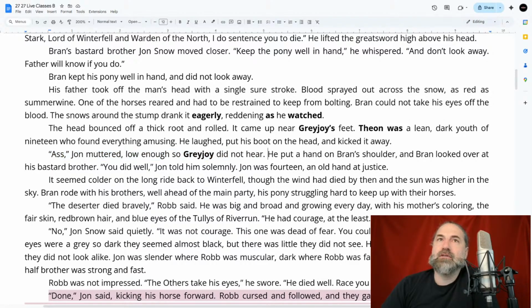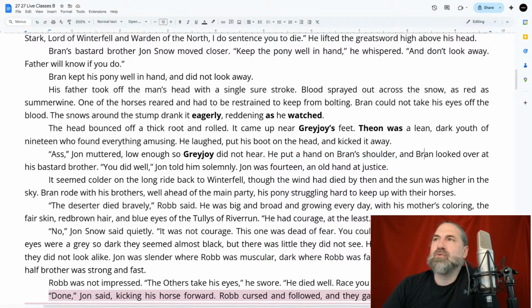But then, this is still Jon's POV. Put a hand on Bran's shoulder. And Bran looked over at his bastard brother. No, I guess it's not. It's just, I guess it's weird, because this is also still Jon. This is weird, though. He put a hand on Bran's shoulder.